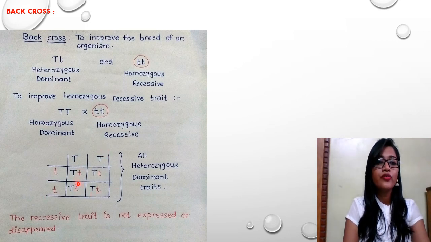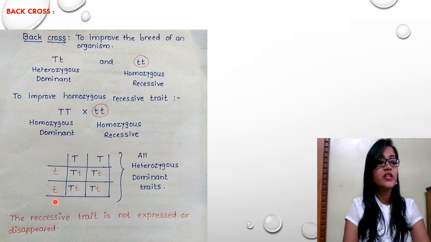So all the four progeny, whatever plants we are getting here, are all heterozygous dominant. So the recessive trait is not expressed, or it has disappeared. The small t type of homozygous recessive character is completely disappeared. That is our agenda.